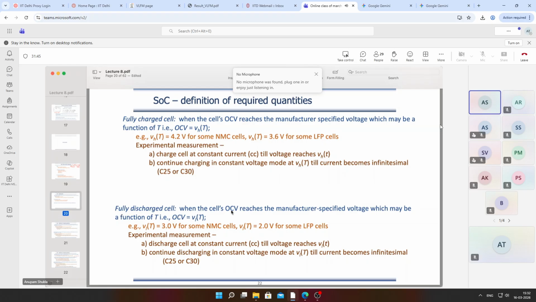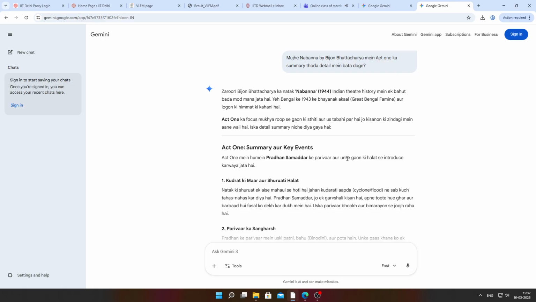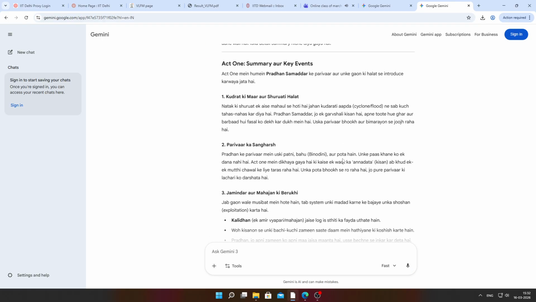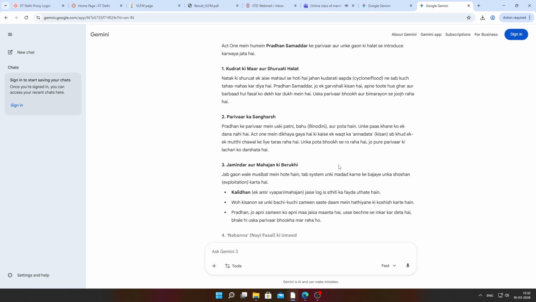Similarly, a fully discharged cell is a cell which has been discharged at constant current to the lower cutoff voltage limit and then continued to be discharged at constant voltage at the lower cutoff voltage value till the current falls to a very small value. Okay. After that, we defined the total capacity of the cell, the discharge capacity of the cell, and the nominal capacity of the cell.